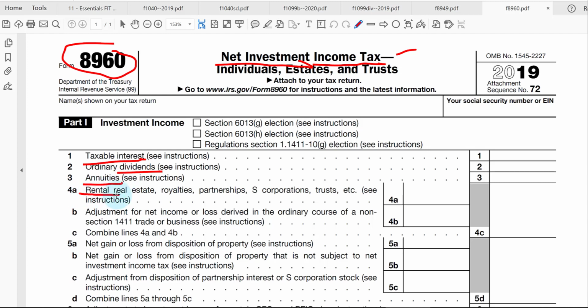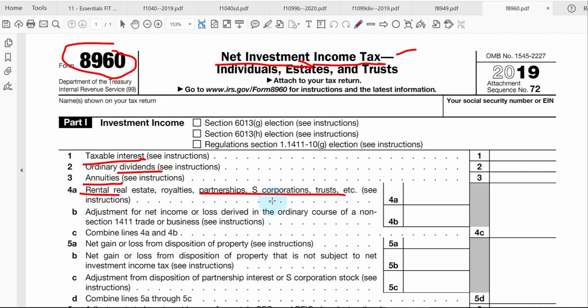Here you're a landlord that we're going to learn about in next semester's Accounting 137 class, or a partner in a partnership, or a shareholder in an S corporation, or beneficiary of a trust, probably what we call passive income.